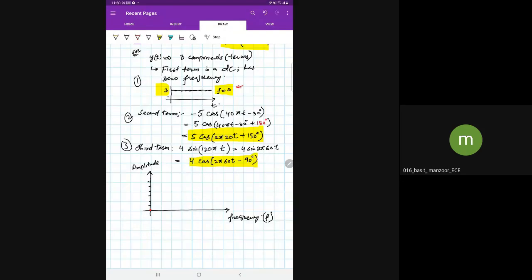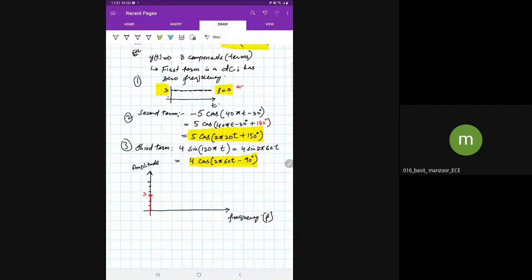So at 0, it will go up to 3. The number marked at the top tells you the amplitude of that frequency component.